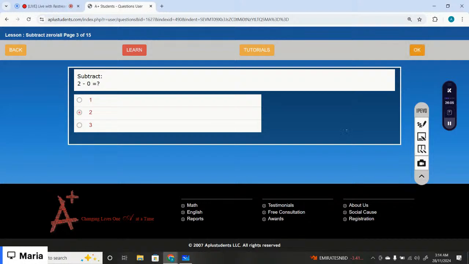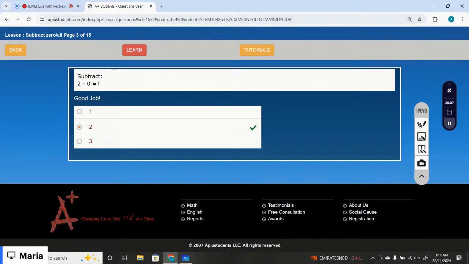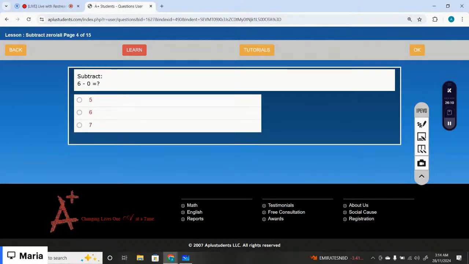Option number 2 is the correct option. That is 6 take away 0. So whenever you subtract 0 from any number, whatever number it is, the number stays the same. So 6 take away 0 is 6. The correct option is 6.